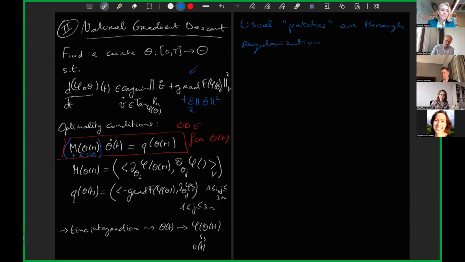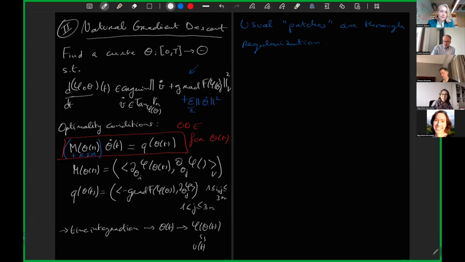The problem with this is that we somehow lose the connection with the infinite dimensional operator that we wanted to solve. And there are also problems with the time integration: the interplay between the time integration, the epsilon, and the connection with the original problem we wanted to solve is lost.